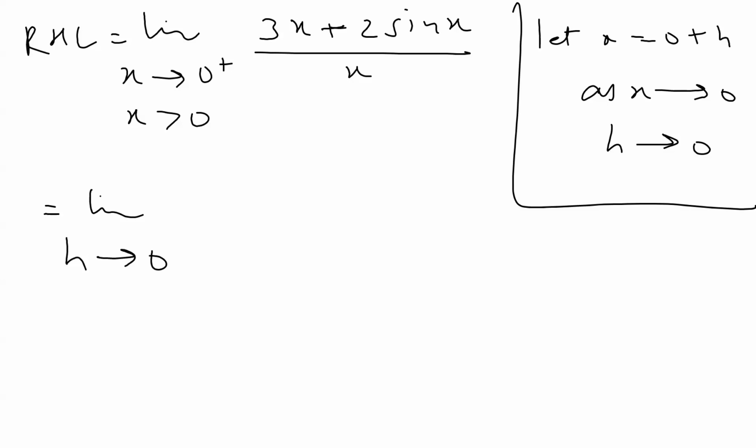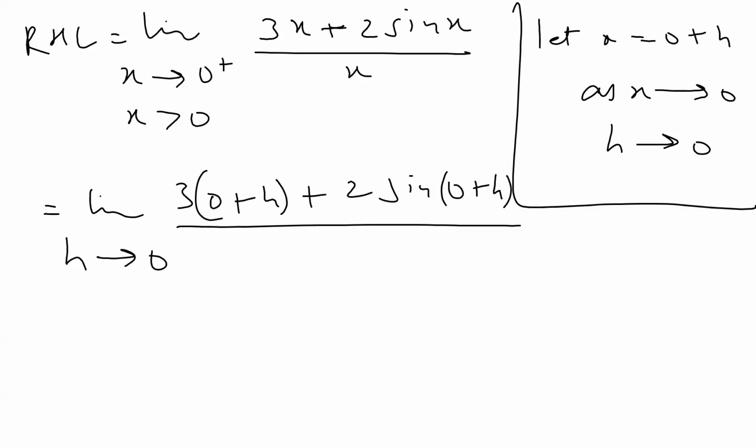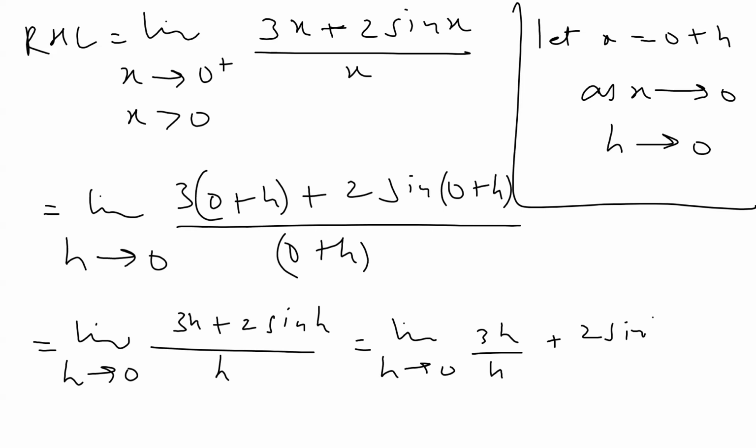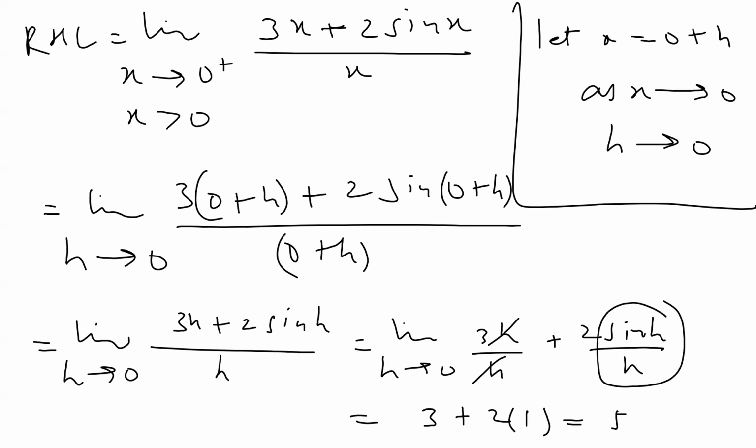So limit h approaching 0, (3 into 0 plus h plus 2 into sine of 0 plus h) upon 0 plus h. So limit h approaching 0, (3h plus 2 sin h) upon h. Split: 3h upon h, 2 sin h upon h. So h cancels and this part is 1. So this is equal to 3 plus 2 into 1, which is equal to 5. See now LHL and RHL are equal. In both the cases, we got 5.